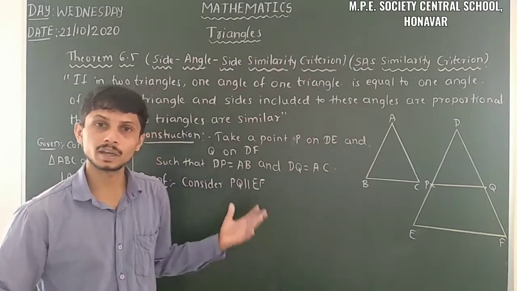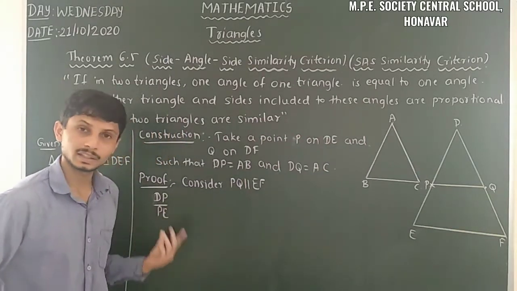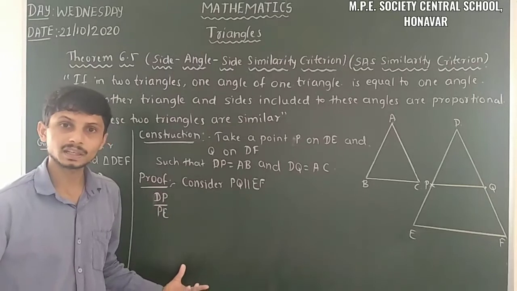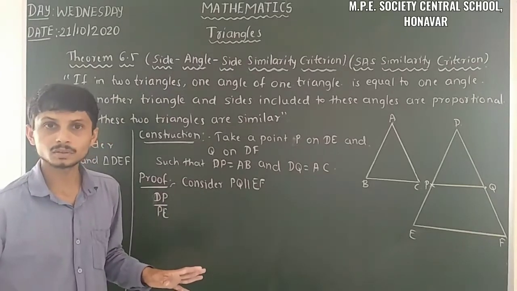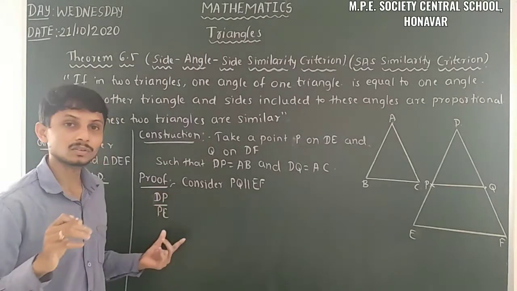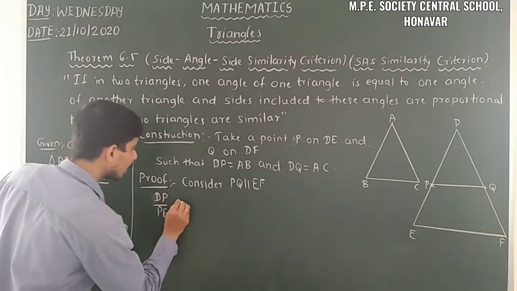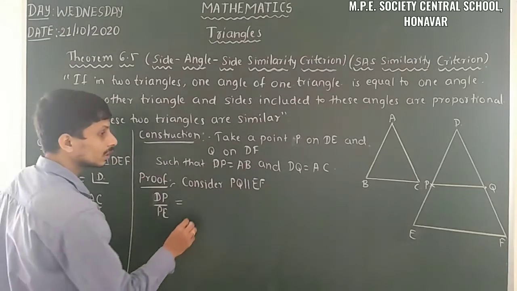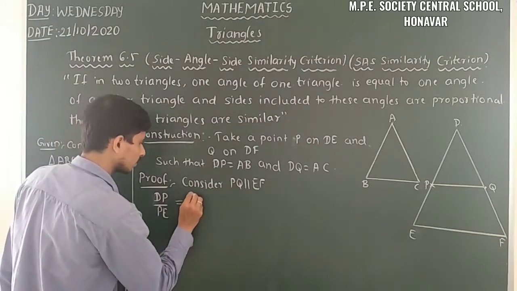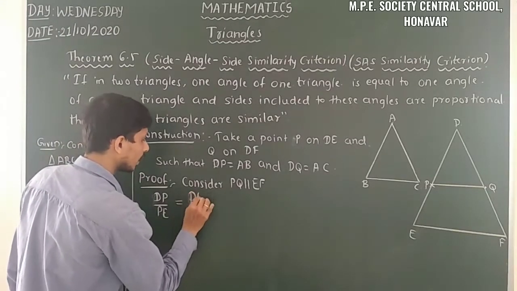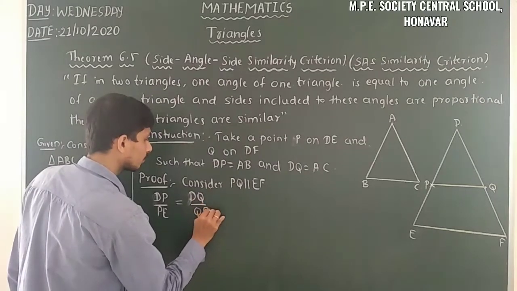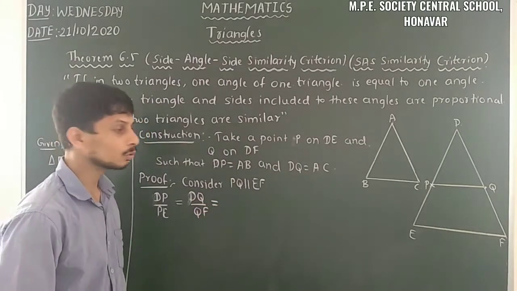So we take the right proportion, that is DP by PE is equal to DQ by QF, and also PQ by EF.